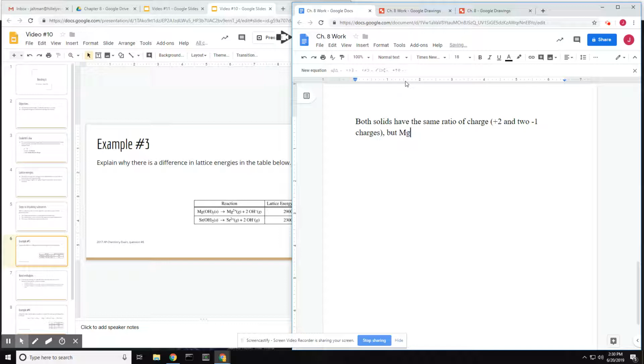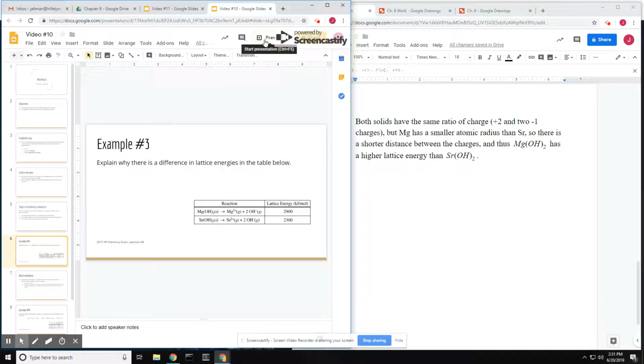But Mg has a smaller atomic radius than Sr, so there is a shorter distance between the charges, and thus Mg(OH)2 has a higher lattice energy than Sr(OH)2. So essentially, if there's a difference in charge, you'll talk about that. If there's a difference in distance, you'll talk about that. It's always going to be one or the other.